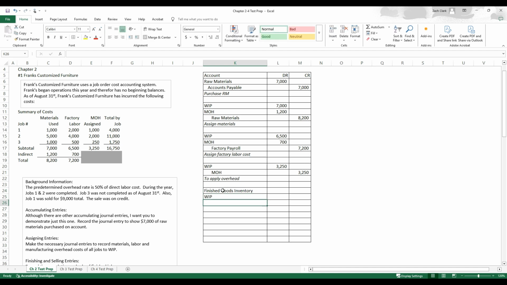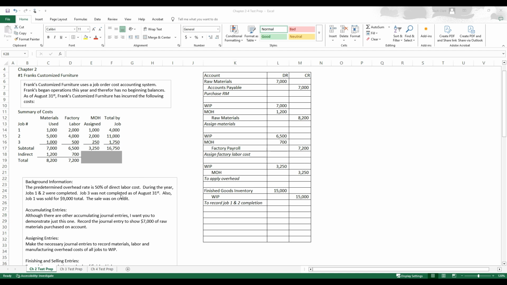And WIP is going to be our credit for reducing WIP and increasing finished goods here. And that is the total of these two jobs, as it tells us in here that those two jobs were completed. And we'll just say to record job 1 and 2 completion.